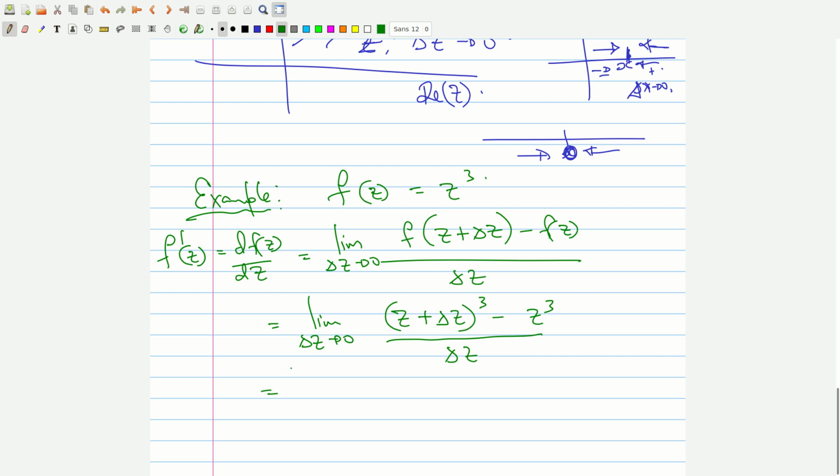So this is the limit as delta z approaches 0 of z cubed plus 3z squared delta z plus 3z delta z squared plus delta z cubed, then minus z cubed, let's not forget that, over delta z.